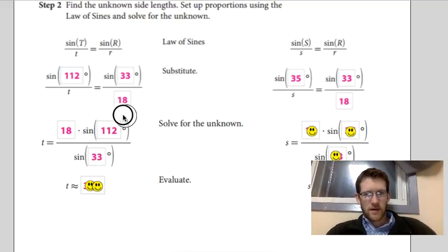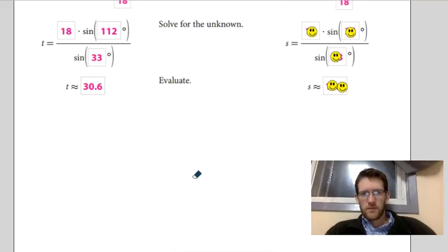Whatever it takes, regardless, you'll end up with something like this. Stick it in a calculator, you get an answer. We can do the same thing over here. Same thing over here, plug the values in, stick them into a calculator, you should get 19.0 for our two unknown side lengths.